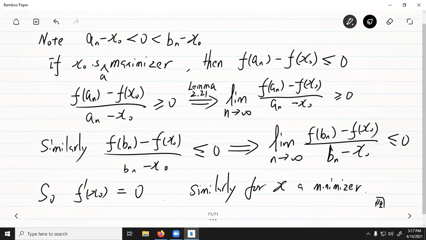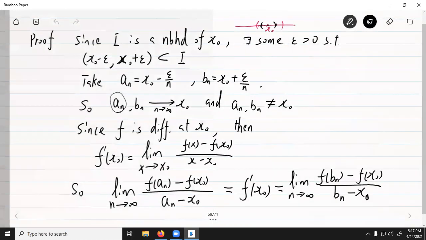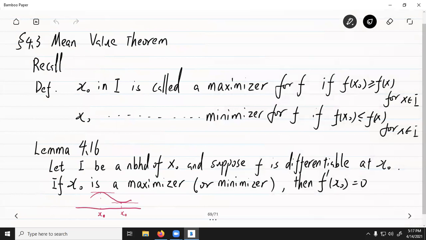So this is one of the rules we use when we do the optimization problem in calculus, right? So this lemma tells you that the minimizer and the maximizer only happen where the derivative equals 0. We call such an x0, which makes the derivative equal 0, what? It is called the critical point, right? So in other words, the maximizer and the minimizer only happen at the critical points.